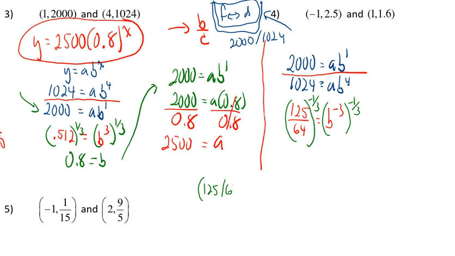Parentheses -1 divided by 3, and it should give you 1.25, which you can convert into... hold on a second. No, I'm sorry. It should give you 0.8. I was thinking of the positive 1/3, which you can convert into 4/5.